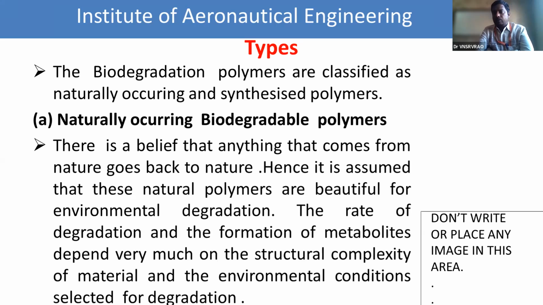Those functional groups are present in the structural complexity of the material, and also environmental conditions like temperature and pressure all come in the category of environmental conditions, and each and every one should be selected for the degradation process, especially in the naturally occurring biodegradable polymers.